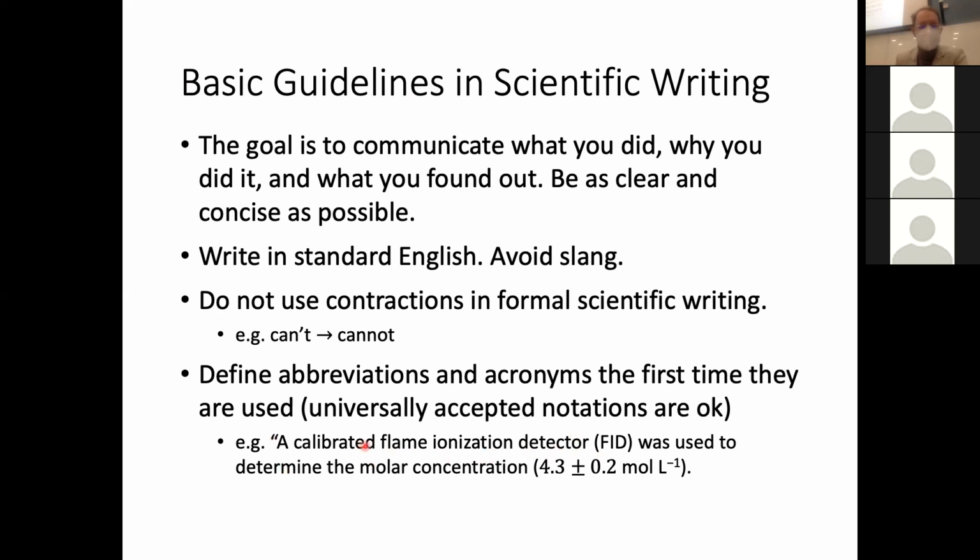So a calibrated flame ionization detector, and then in parentheses, you can write FID, was used to determine the molar concentration. And then subsequently, if you refer to this technique again, you can just refer to it by its abbreviation FID.